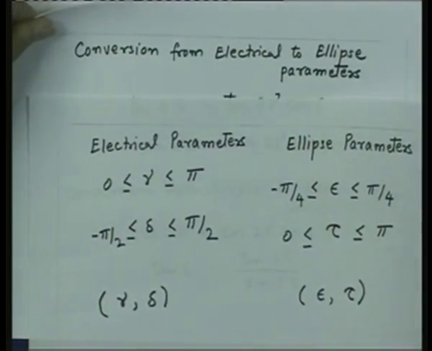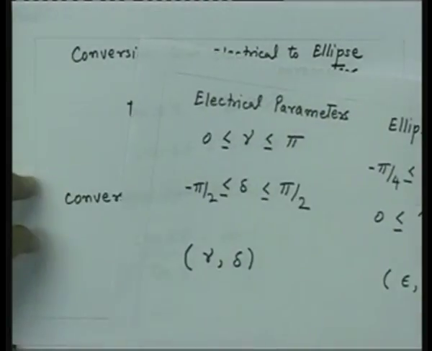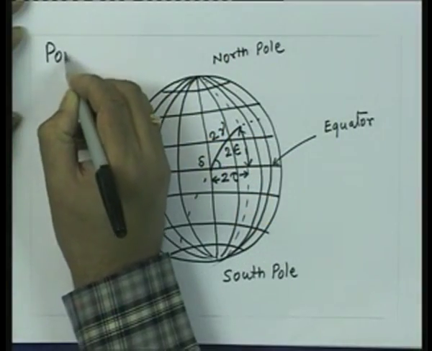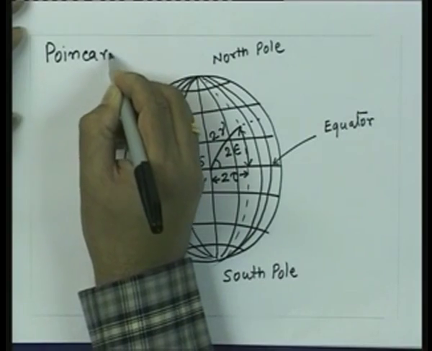By using these relations analytically, one can convert from one state of polarization in one domain to another. Having done this, we go back to our representation of states of polarization on the sphere, which, as I mentioned, is called the Poincare sphere.